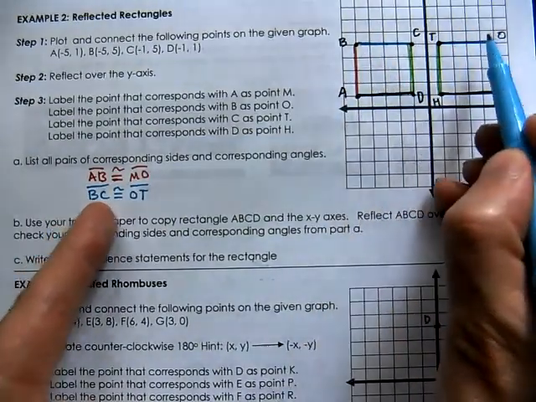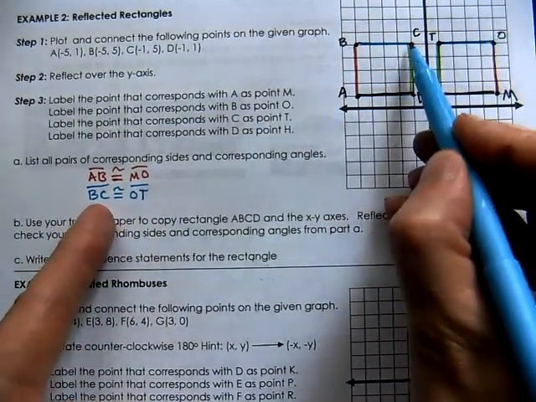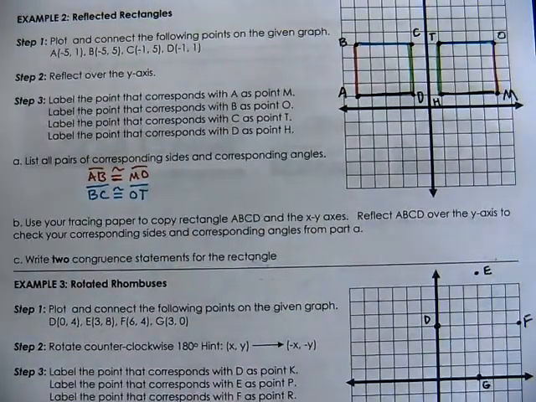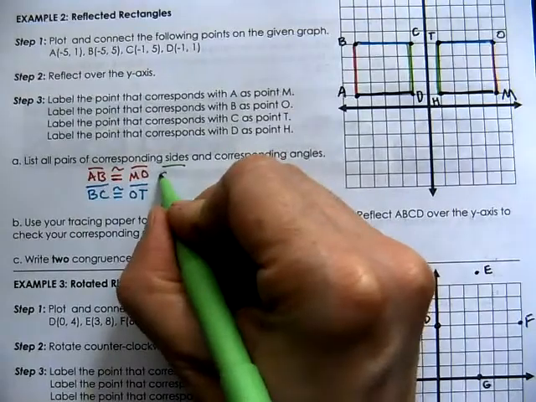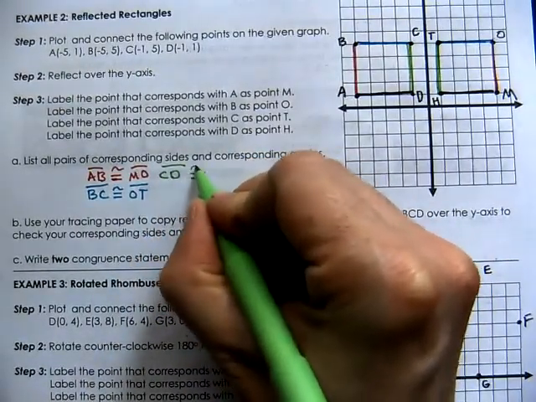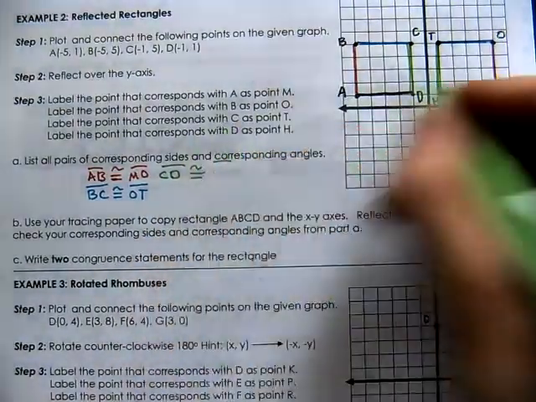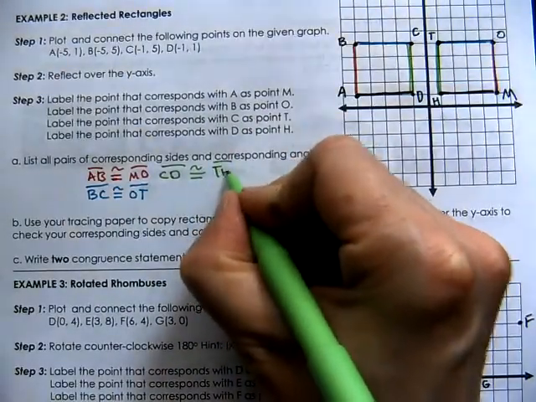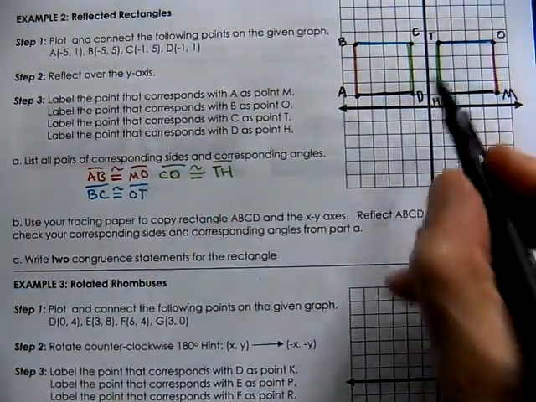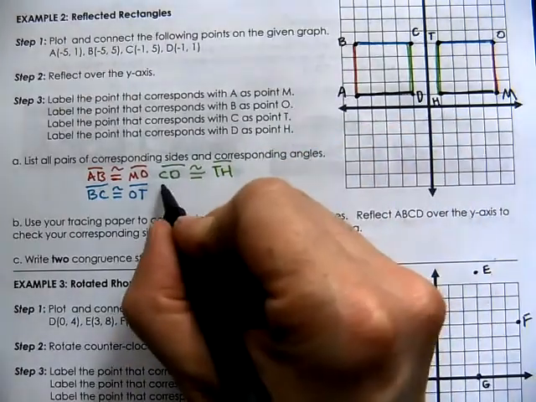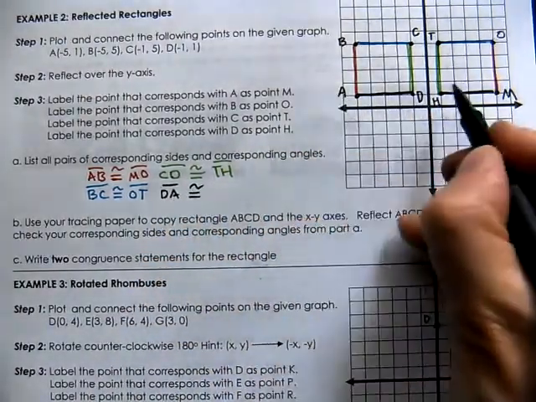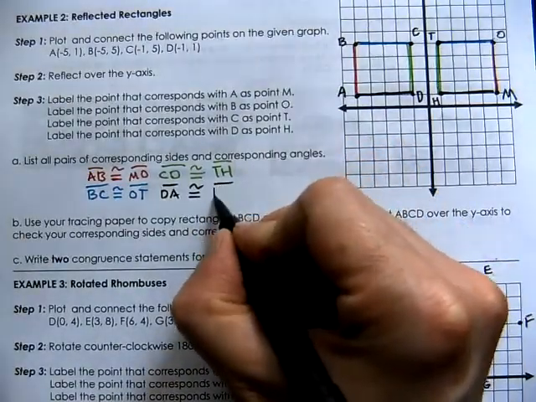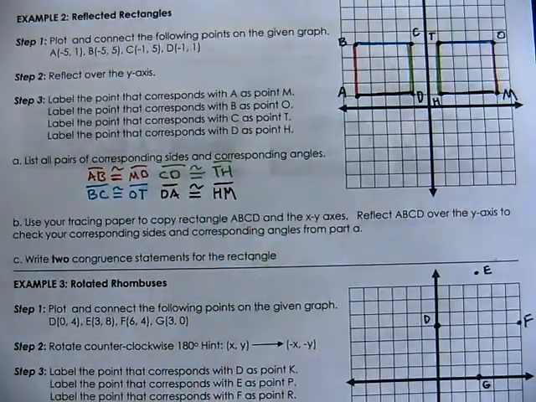So B pairs up with O, and C pairs up with T. On the third side we have segment CD, and so that's congruent with segment TH. And then lastly, segment DA is congruent with segment HM. But that's only half of it, because we have to now check all of the angles.